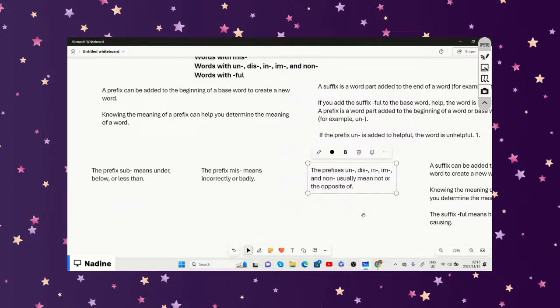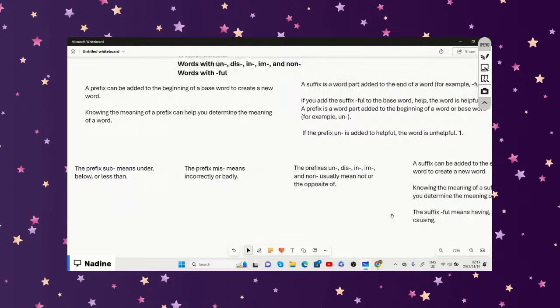And less than can mean words like subtract.